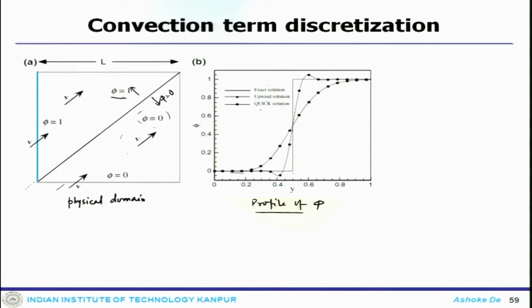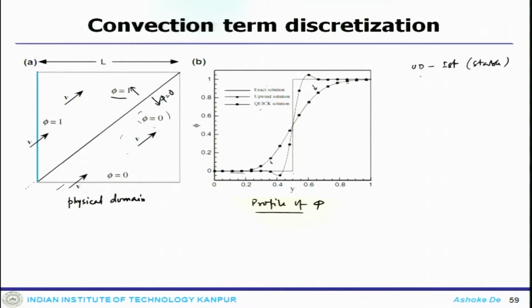Now, if you compare the exact solution with the profile generated by the upwind scheme, which is shown by this line, what you can see is, because the upwind scheme is first order accurate, though it is stable, it is first order accurate. So, the solution shows such a smooth profile, but which is far away from the exact solution.